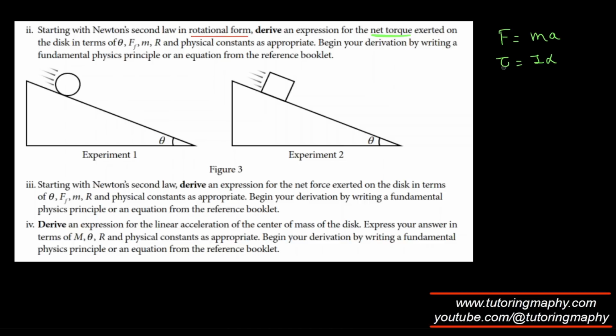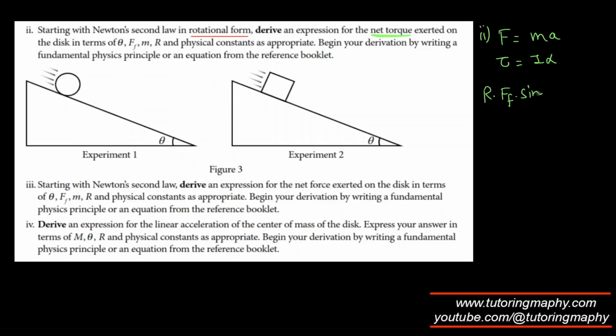Okay. Now, since this torque is only because of friction, and torque is rF sine theta, right? So I'm going to write r, which is the radius, that is capital R, small r, the friction Ff times sine of theta.